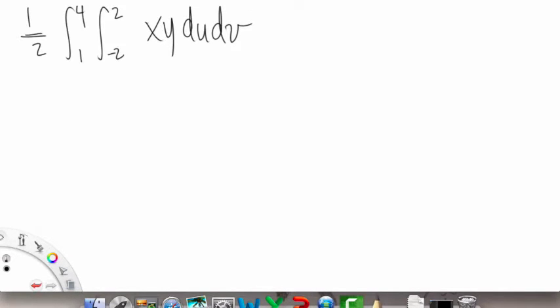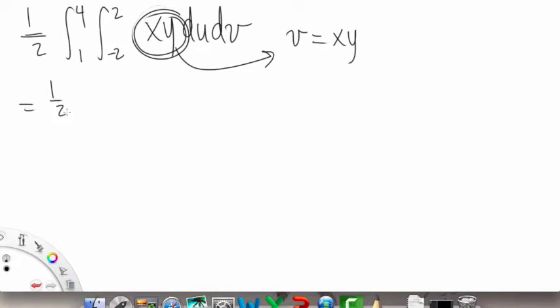So what we get, I'm going to put the 1/2 in front, and then we just rewrite our bounds here, and we're left with xy du dv. Now we want to transform this into u and v. Remember v equals xy, so that just becomes a v, this circled thing.